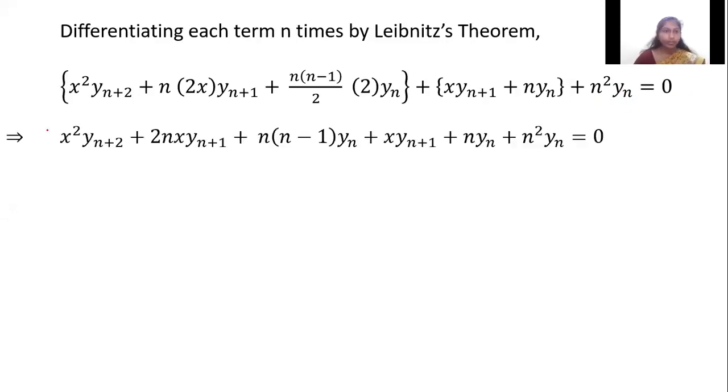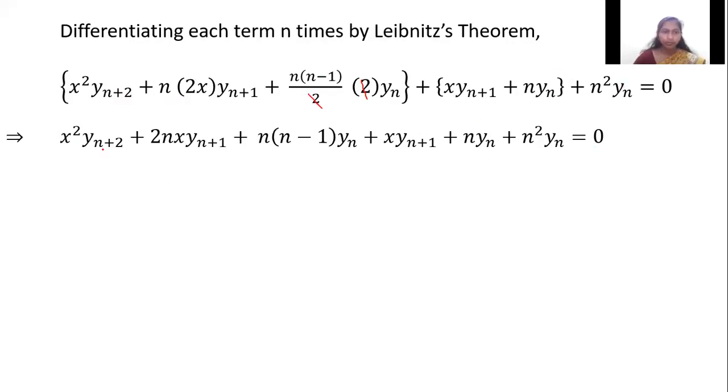Now I have to do a rearrangement. Like terms I can bring together, and make all the cancellations. So x square y n plus 2, plus 2n x y n plus 1, plus n into n minus 1 y n (this 2 and this 2 we can cancel), plus x y n plus 1, plus n y n, plus n square y n, equal to 0.